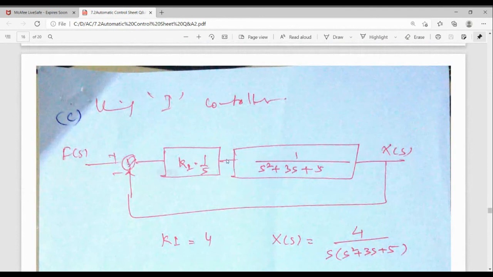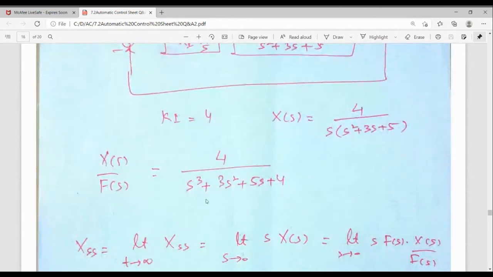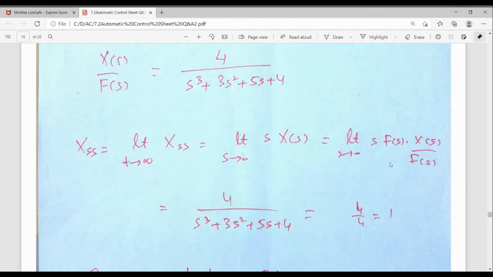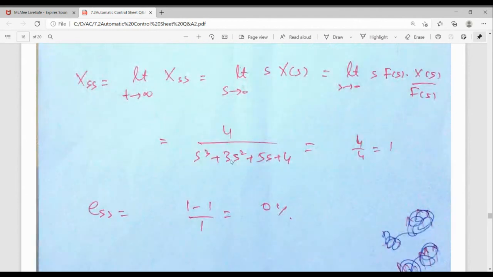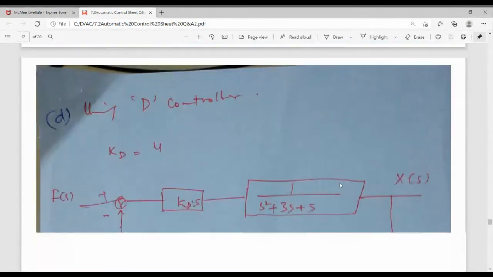In the same way for I controller, just multiply this with 1 by s. So you will get this divided by s. Here you can see it is 1 by s. Okay, so 4 by 4 you will get 1. 1 minus 1 by 1 is 0% error, steady state error.